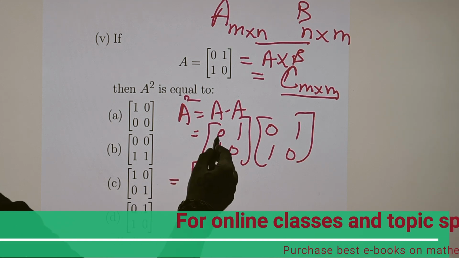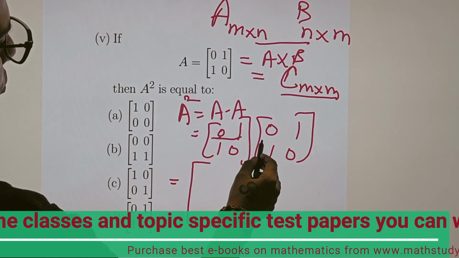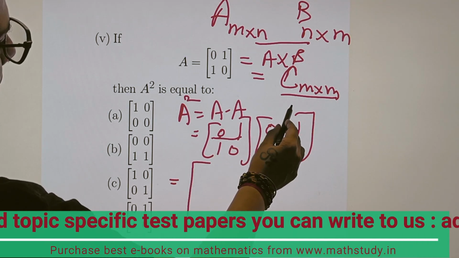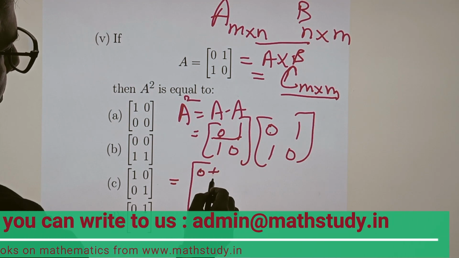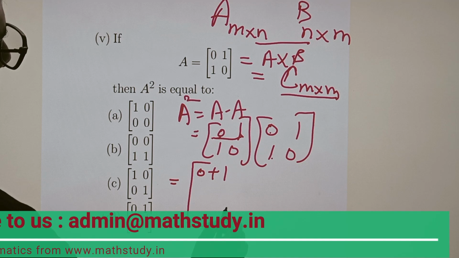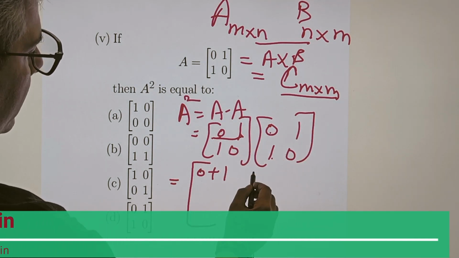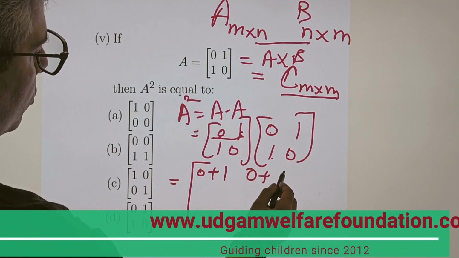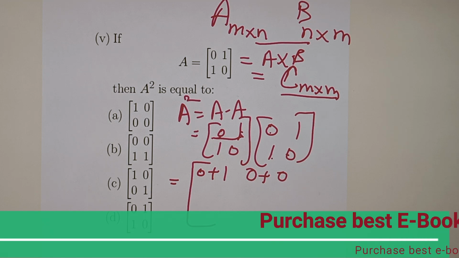So now first row, first column, that means we have to multiply the first row of the first matrix with the first column of the second matrix, that is 0 into 0 is 0 plus 1 into 1 is 1. Now first row second column, 0 into 1 is 0 plus 1 into 0 is 0.